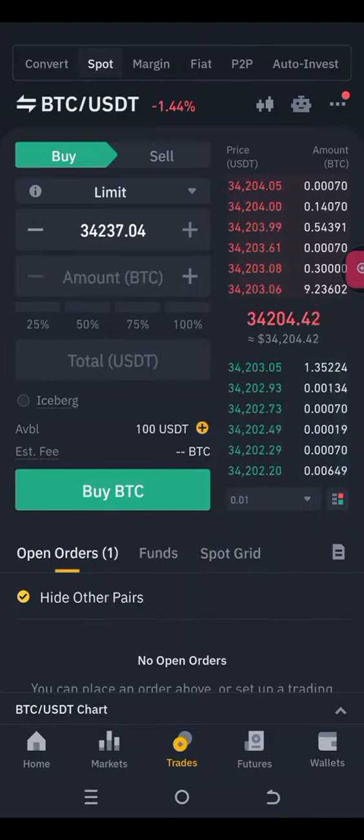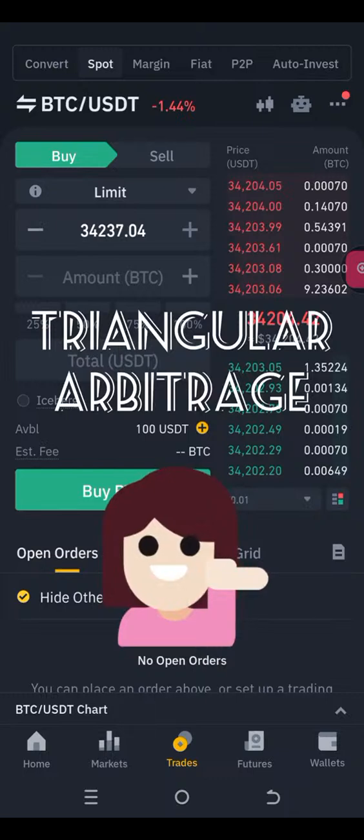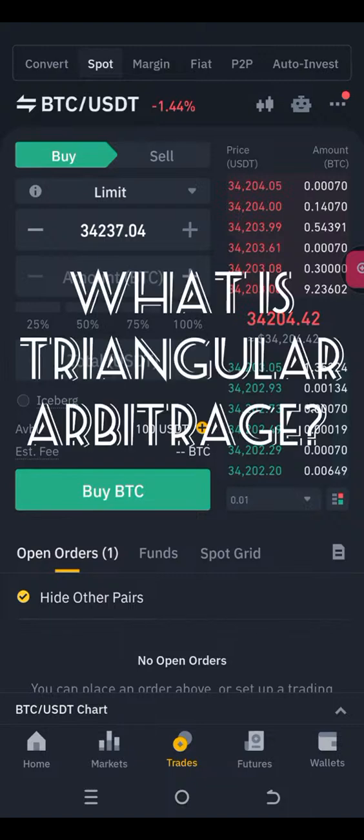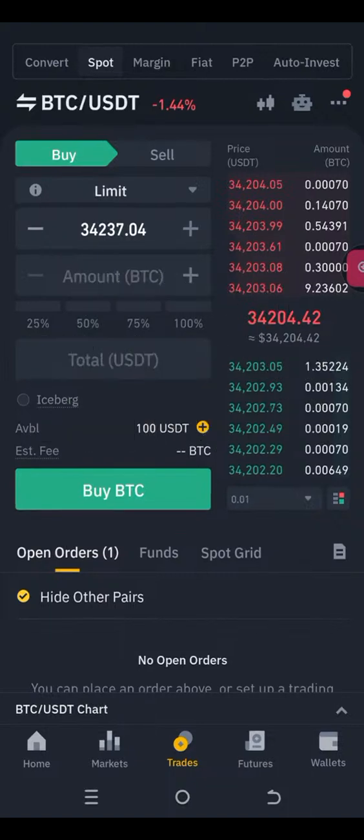Okay, so let's start with triangular arbitrage. We're currently on BTC USDT. The starting point is, what is triangular arbitrage? I'm going to choose one of the coins here as an example.